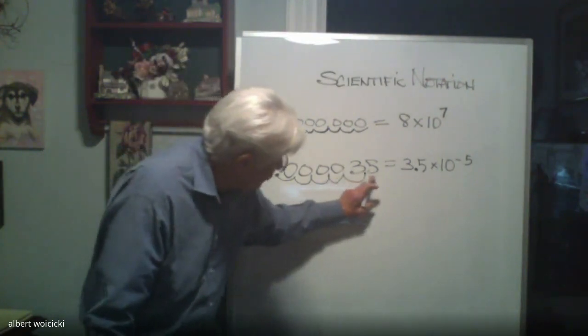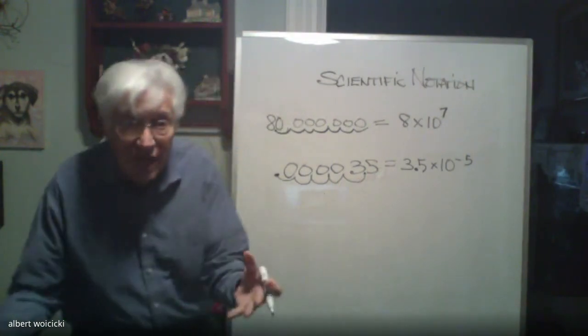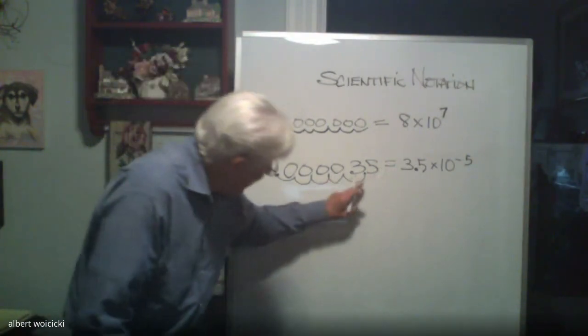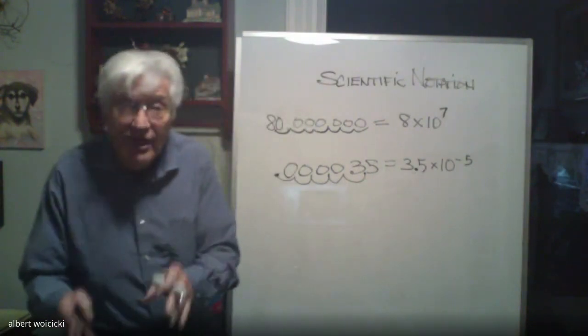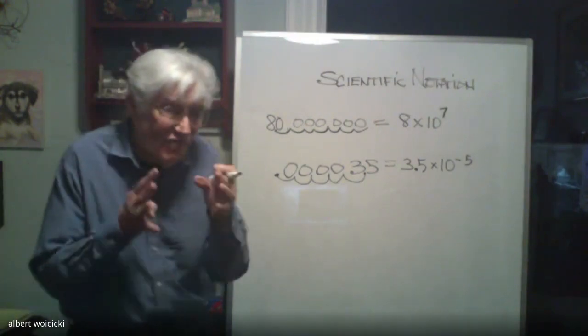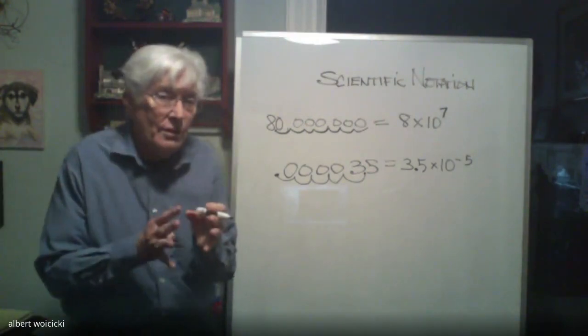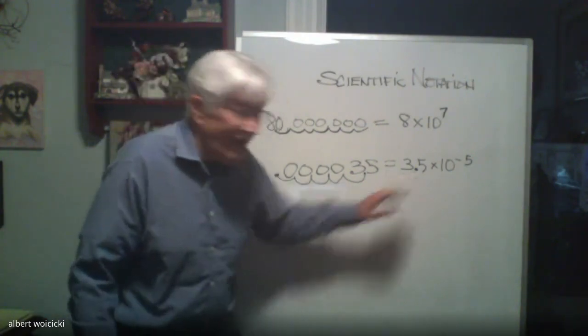If I went too far and went over here, it'd be 35. That's not between 1 and 10. This place, 3.5 or 3 and 5/10, is between 1 and 10.